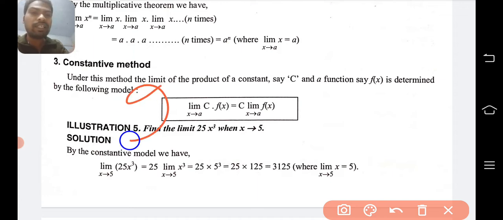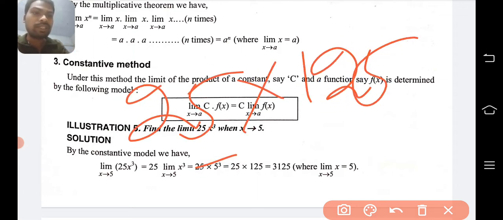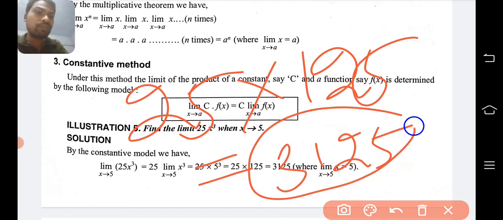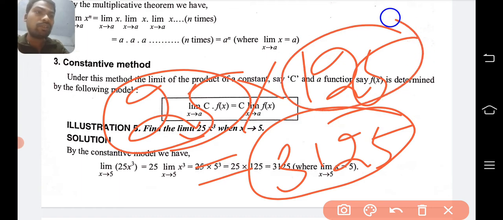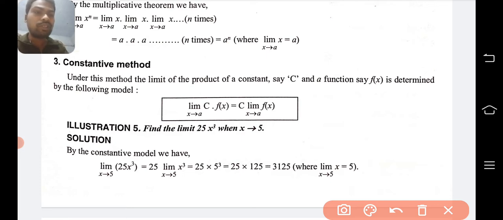Then you multiply 25 into 125. Then you will get 3125. If you multiply this 25 into 125, you are going to get 3125. So the limit value of the function would be this 3125.